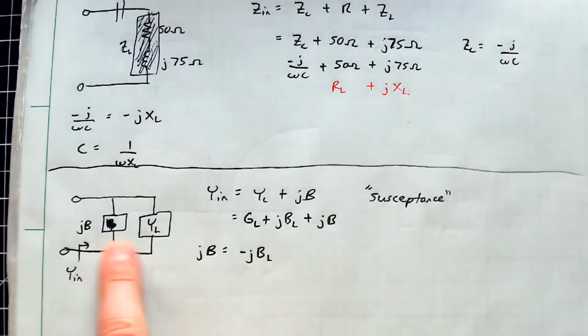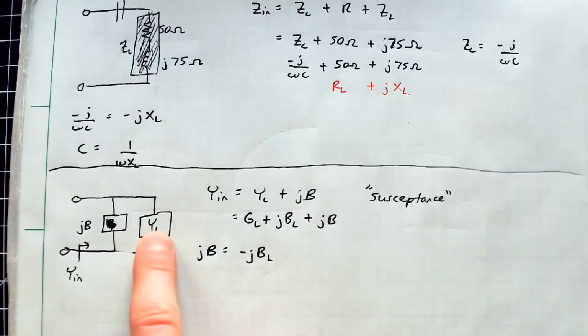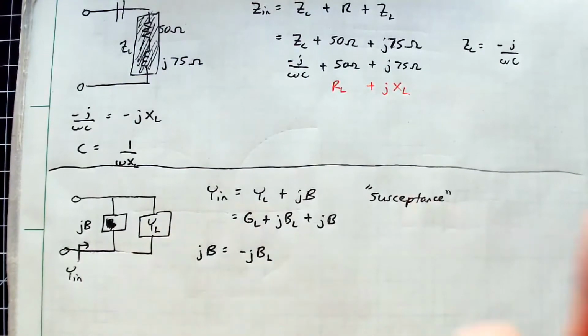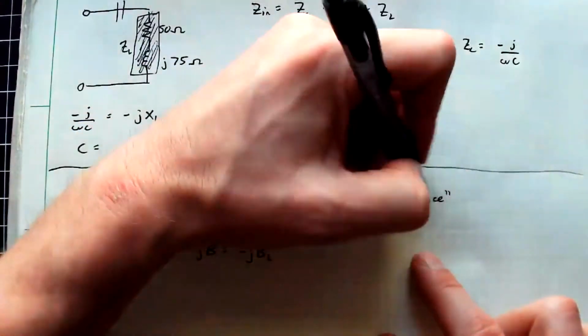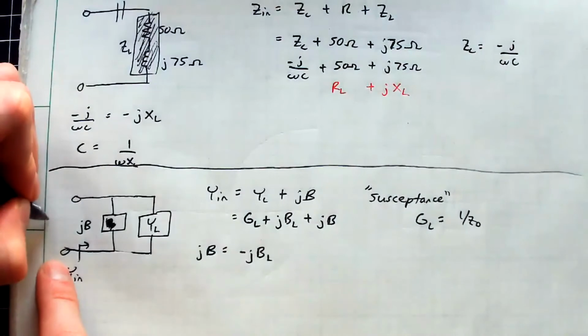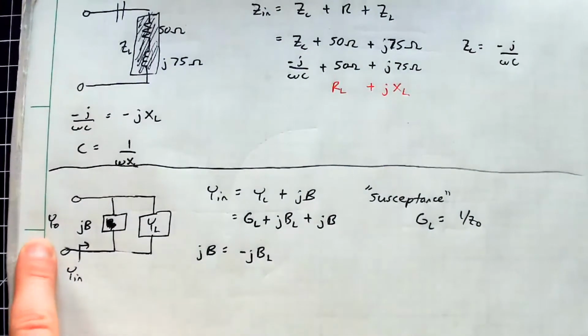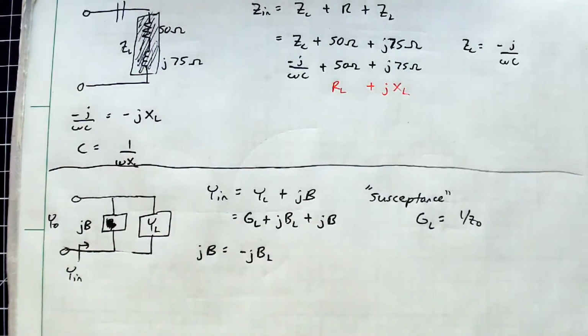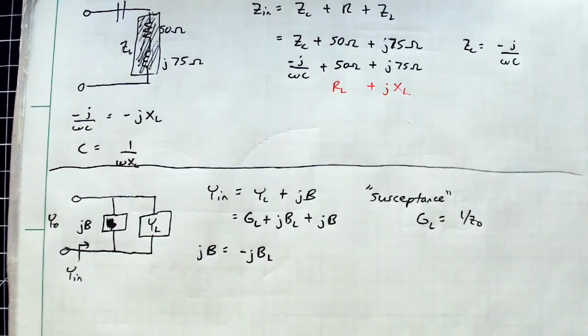Whatever I put here, I want it to negate the imaginary component of this so that I get a match. Because we've assumed that GL is actually 1 over Z naught, so there's a characteristic admittance looking into here, and the real part has been matched. The similar idea is now going to happen.